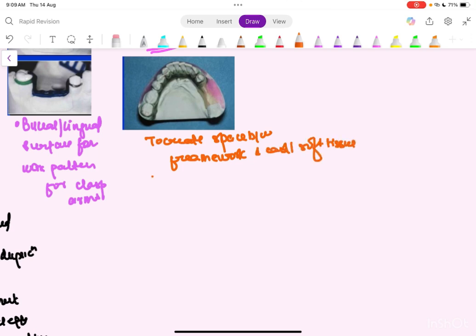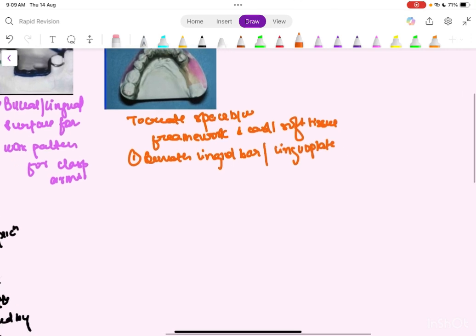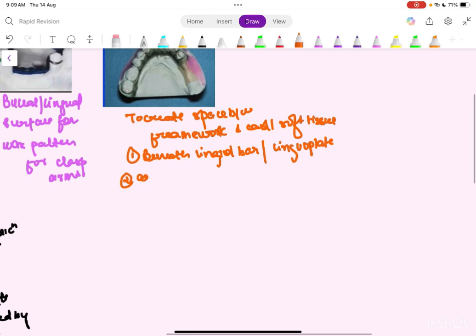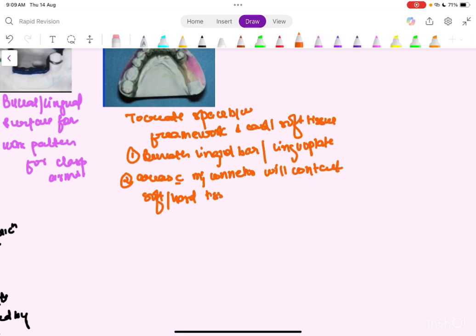Now this is given beneath lingual bars, linguoplate, areas where the major connector will contact soft or hard tissue, basically maxillary or mandibular tori.